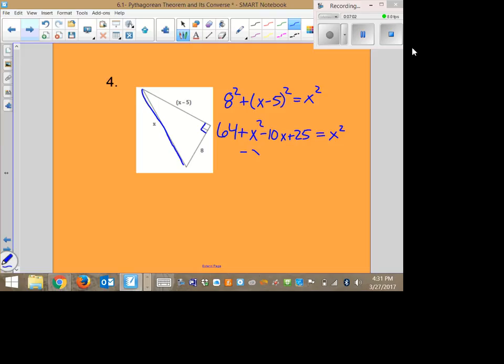So we can subtract our x squareds from both sides to cancel those out and combine our 64 and our 25. So we get 89 minus 10x equals 0. Adding 10x to the other side, we get 89 equals 10x. So dividing by 10, we get 8.9 equals x.